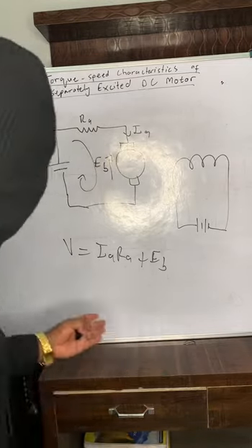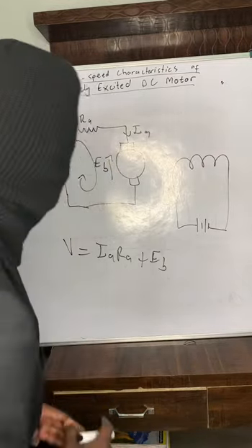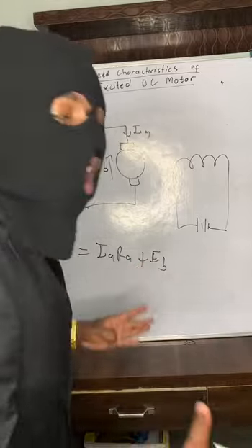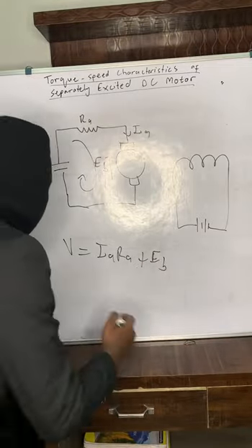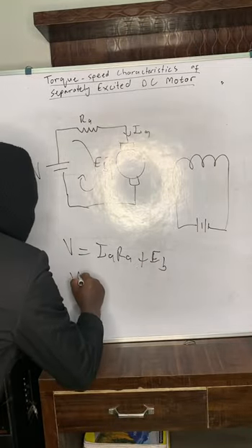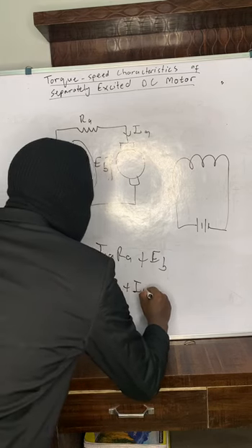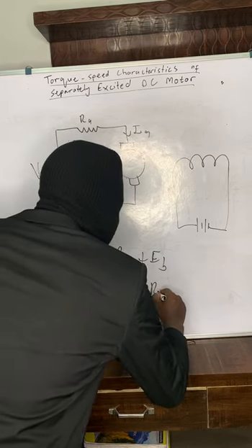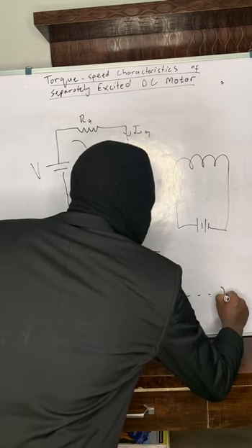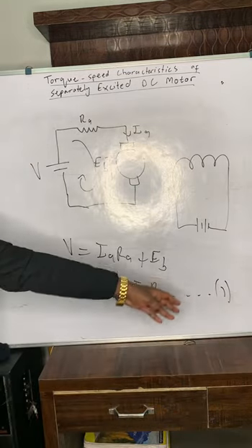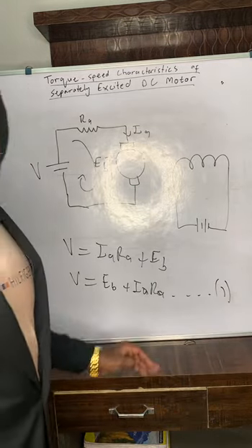But we can see that this equation of ours is not looking that sexy. How do we make it sexy? We are just going to rearrange our terms. We are going to get EB plus IA RA. Nothing has changed. We are going to get our first equation.